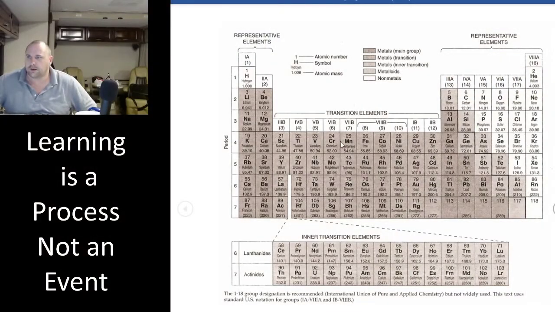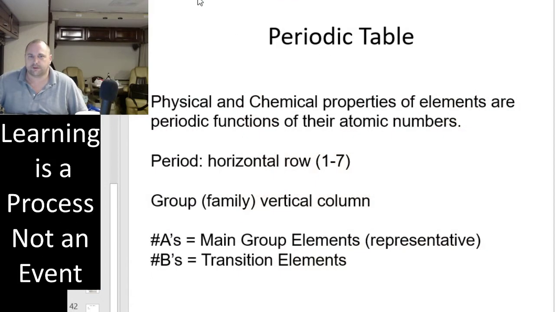So we're going left to right here. First, let's start with the name, periodic table. All right, let's go ahead and pop over to this PowerPoint. The physical and chemical properties are periodic functions of their atomic numbers. In other words, if I take 1 through, let's skip 1 and 2, let's do 3 through 10.